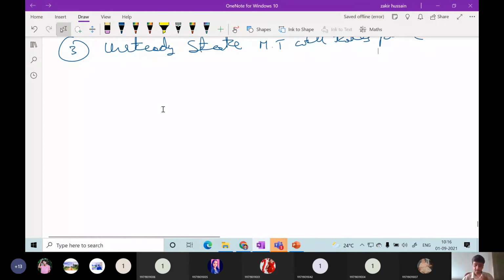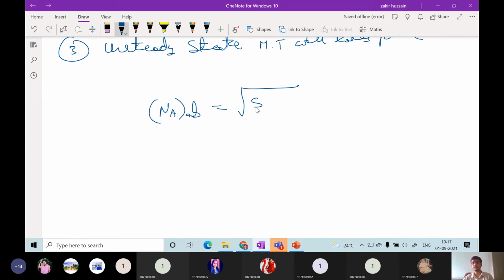Then finally one expression has been given by the surface renewal theory, that is N_A absorption is equal to root of S D_AB times (C_A0 minus C_A1), or something, a bulk phase, whatever it may be. Then we can say flux is directly proportional to the concentration gradient or driving force.